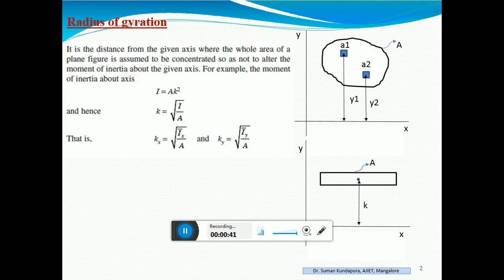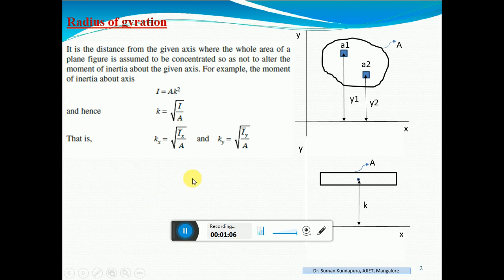Sometimes we are supposed to find the moment of inertia about the x-x axis, sometimes the y-y axis. So we found that the moment of inertia of the same figure varies depending upon the distribution of the mass and the distribution of the area, or it changes with respect to which axis we are finding the moment of inertia.